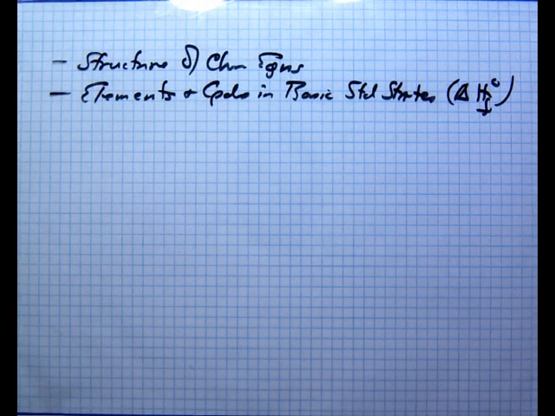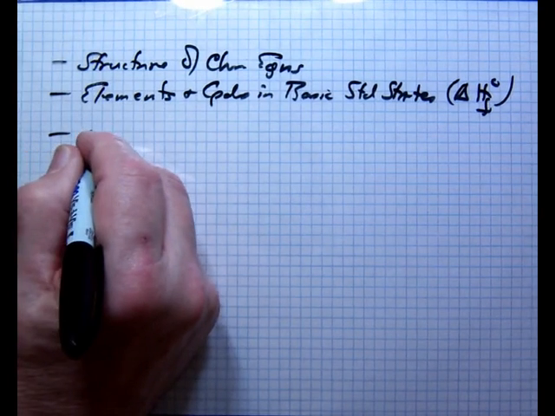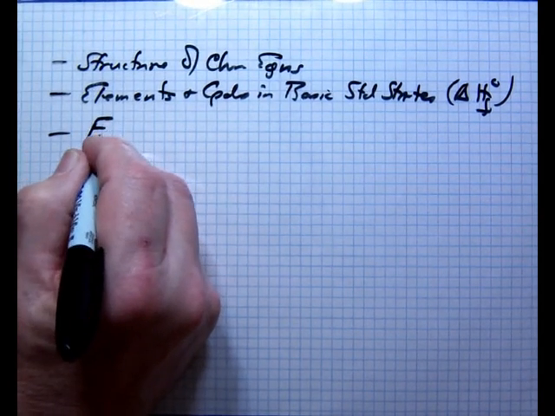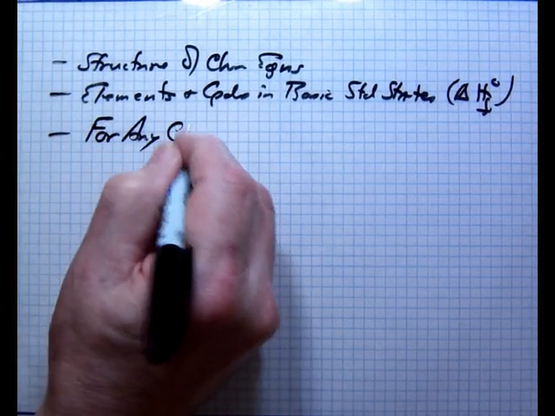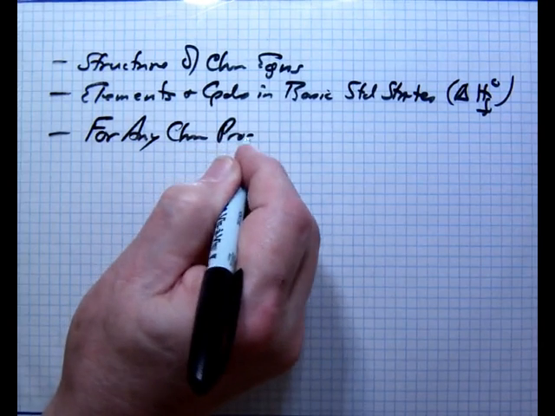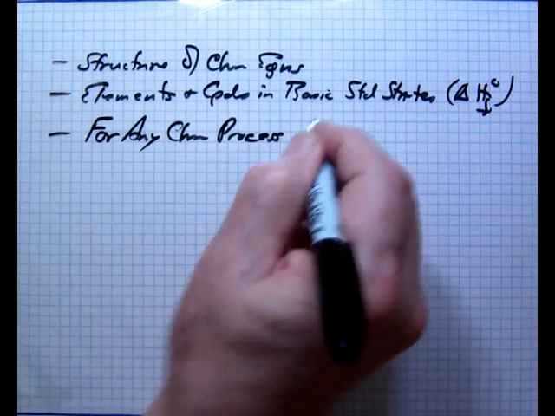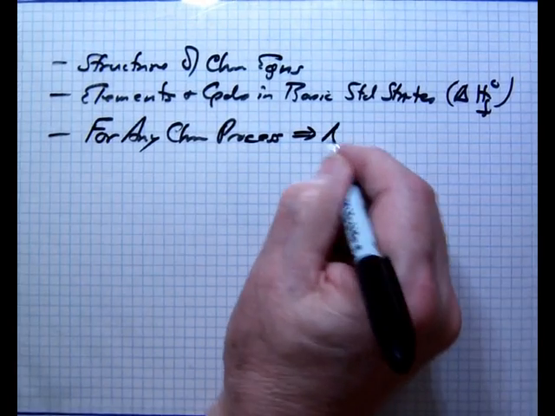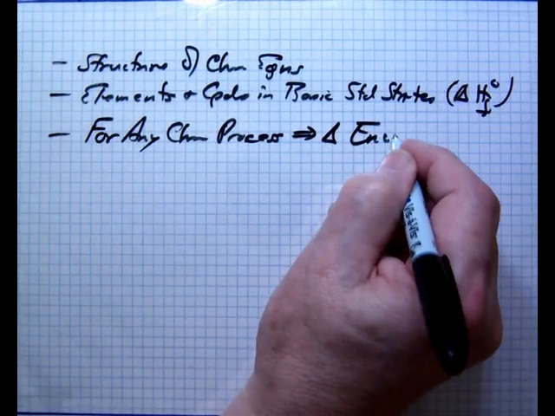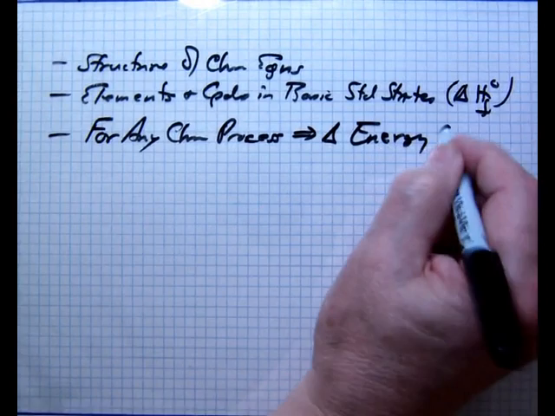Elements have a basic standard state, and so do compounds. Only elements have zeros, and compounds always have a number, or various forms of the given element. Okay? And then for any chemical process, we'll have a change in energy occurring.